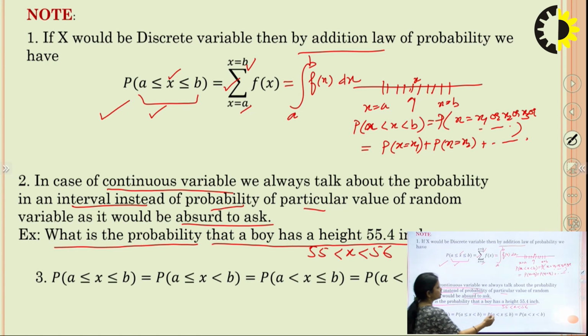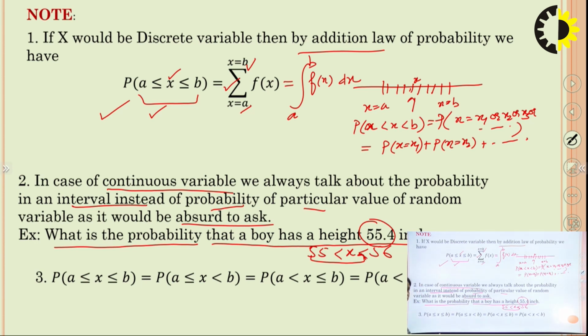Okay, so for a continuous variable, the probability for a particular decimal value will be a very rare question. So instead of finding this probability, we find the probability of x lying in some interval. I hope you are getting my point.